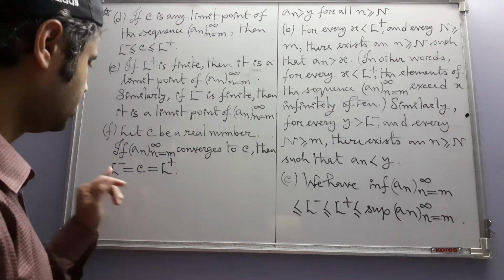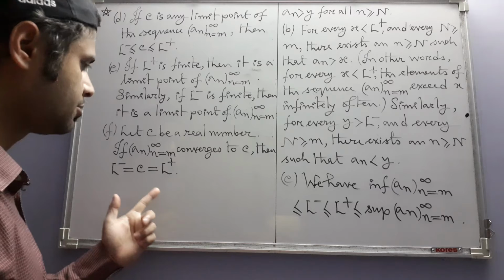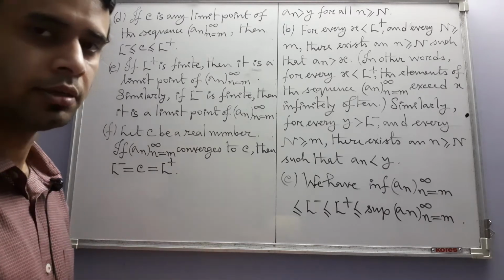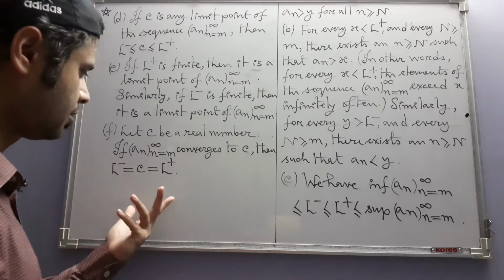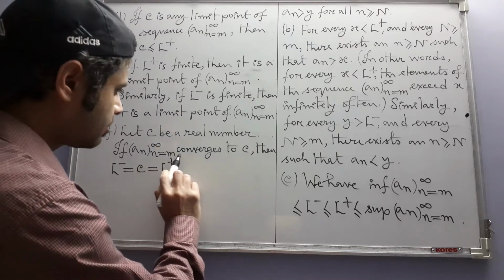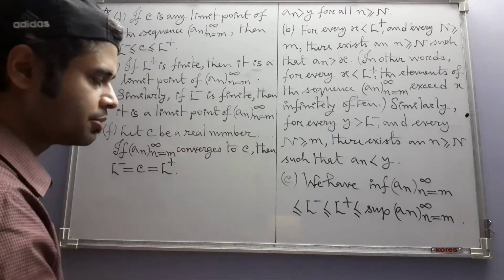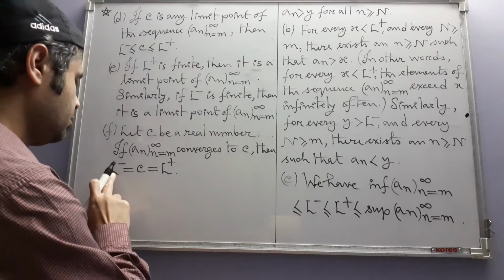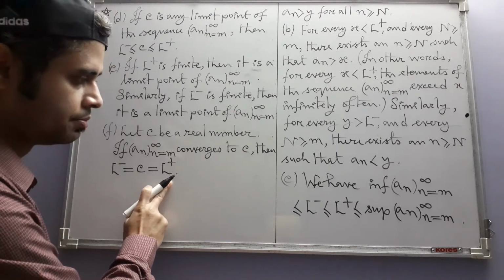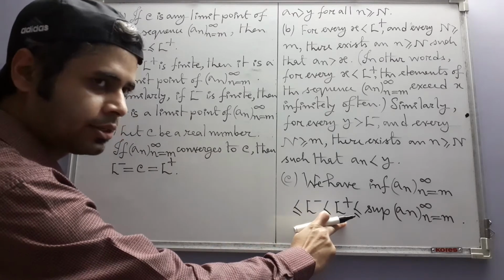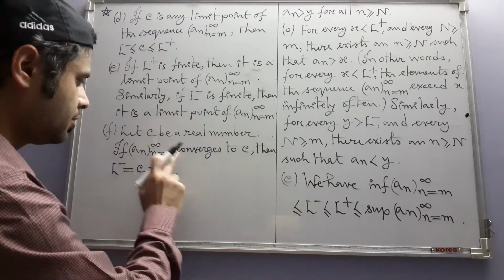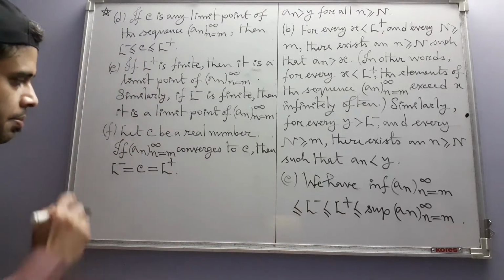So that means in this case the limit inferior and the limit superior are forced to be equal to C, and hence they are in particular real numbers. Okay, so for a convergent sequence converging to some real number, of course, limit inferior cannot be strictly less than limit superior. In general, this inequality is true, but you cannot have strict inequality if the sequence is convergent.